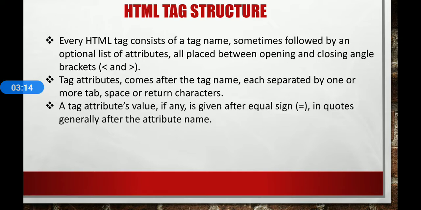A tag attribute's value, if any, is given after the equal sign, in quotes, generally after the attribute name. For example, font face equal to "Monotype Corsiva". Here font is the name of the tag and face is the attribute of that font tag, and Monotype Corsiva is the type of font face.